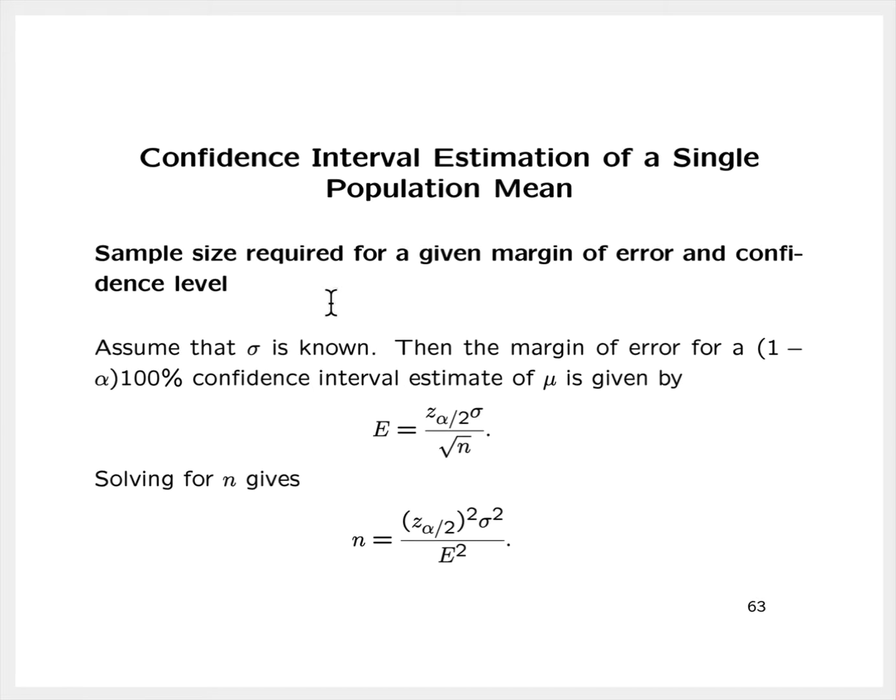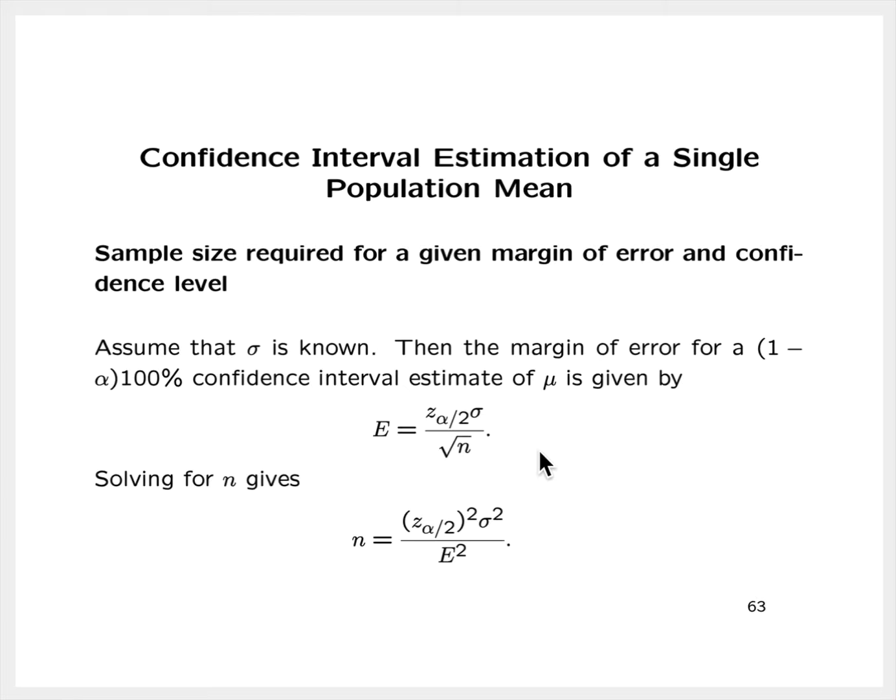Again, we're in this scenario where we're assuming that the population standard deviation sigma is known. The margin of error for a two-sided (1 minus alpha) times 100% confidence interval for mu is given by this quantity here. Remember, we called this the margin of error just a while ago.